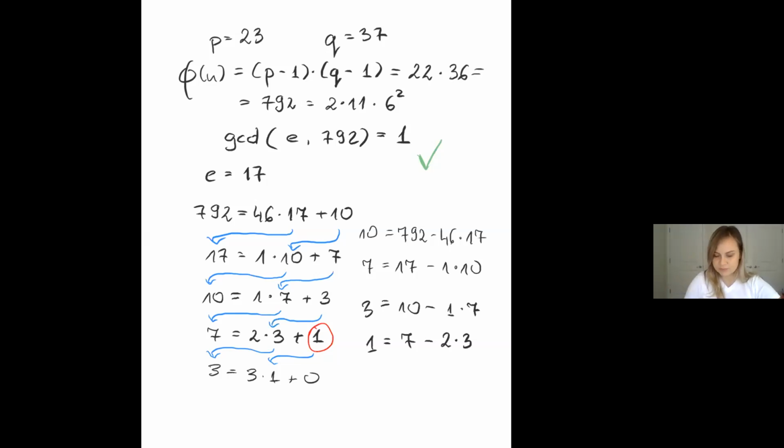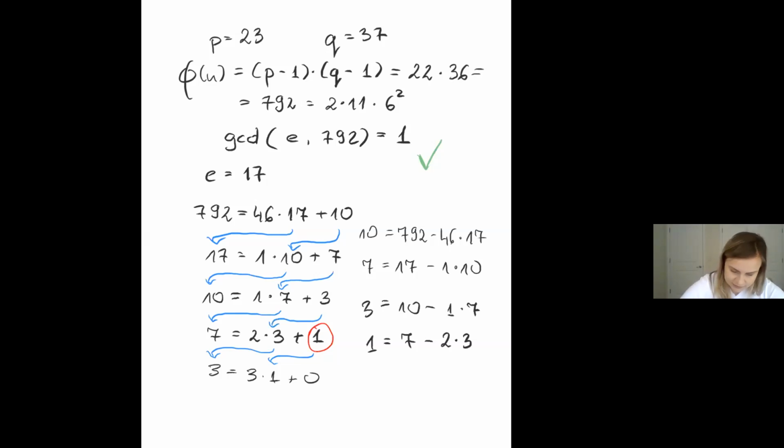I'm going to use these formulas. Now I want to express 1 as a linear combination of 17 and 792. If you don't know what a linear combination is, don't worry, you can just follow it step by step. We want to represent 1 in a different way.